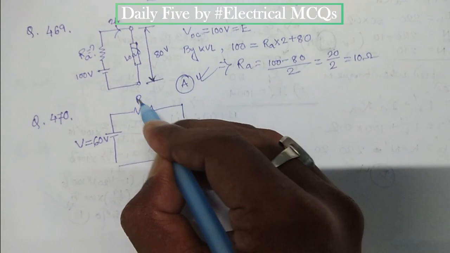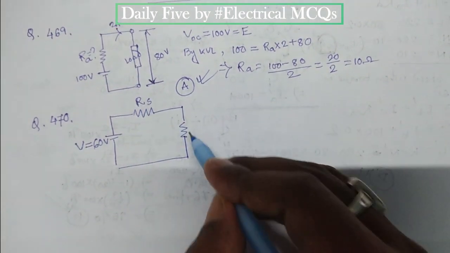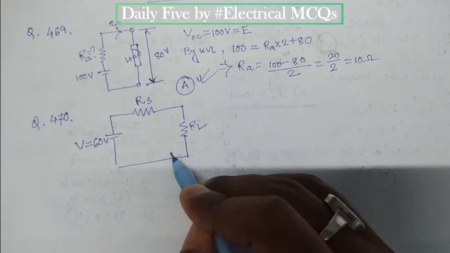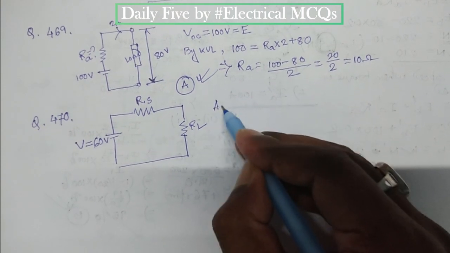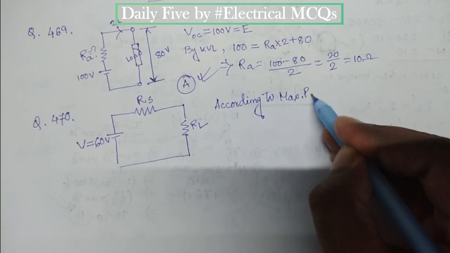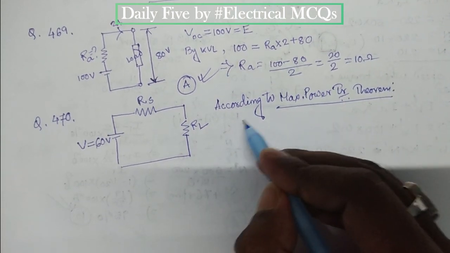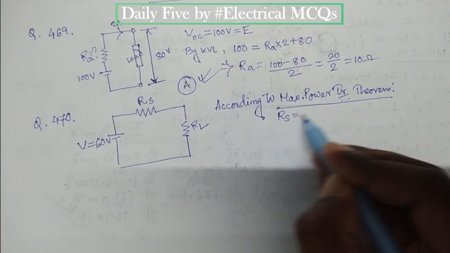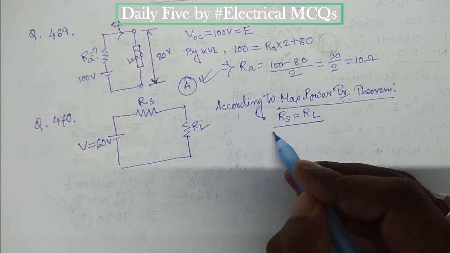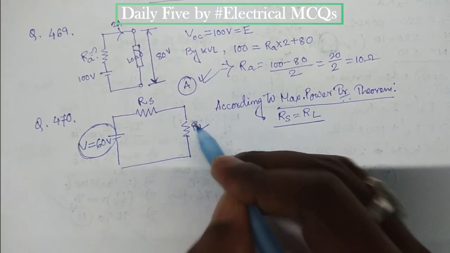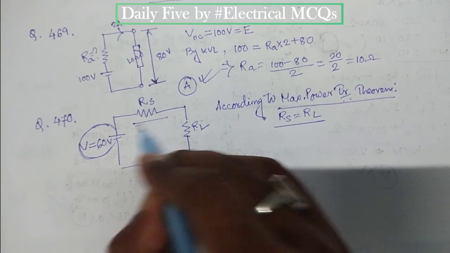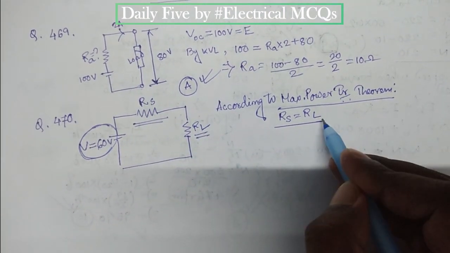Now if we take this as the source resistance and RL as the load, we know that according to the theory of maximum power transfer, maximum power will be conveyed to the load only when RS is equal to RL. Under such circumstances, the input voltage gets divided between RS and RL, where RS is equal to RL.